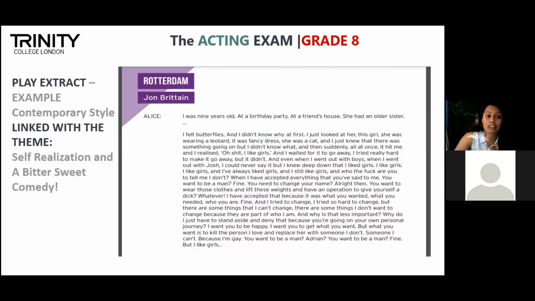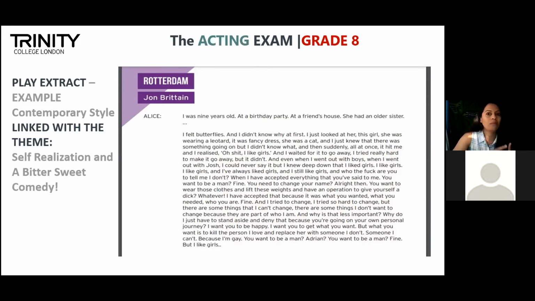Now, coming to the third one, it's a completely contemporary piece where the character of Alice is gay and realizes the fact, and is therefore rebelling against all that has happened to her, and writes an email. She's writing an email to her parents to tell them that she is gay. At the same time, she realizes that her partner has actually been wishing to change gender.